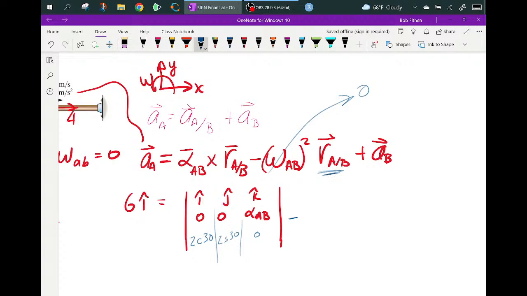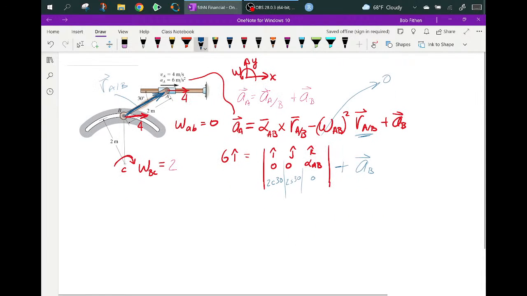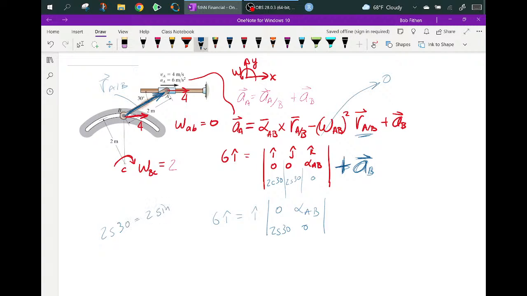And then we have the acceleration of B. So 6I equals I 2 sine of 30, which is the same thing as 2 sine of 30.